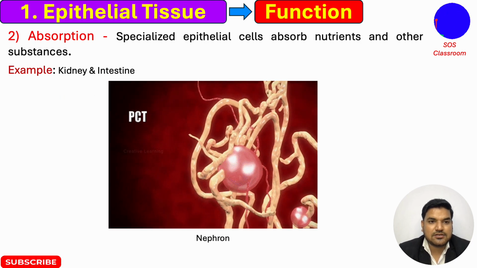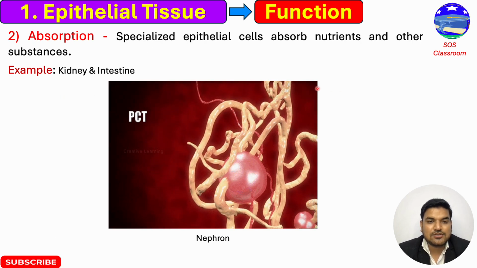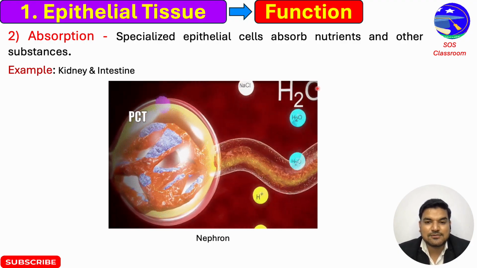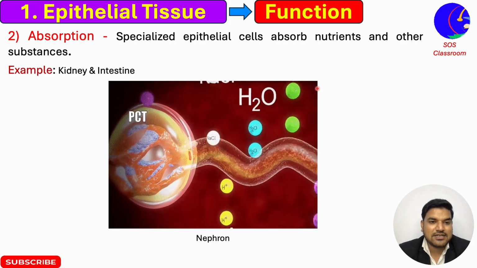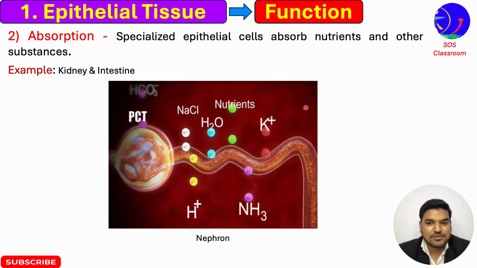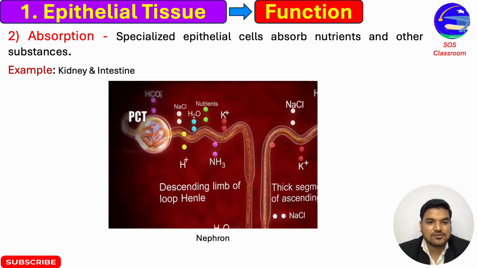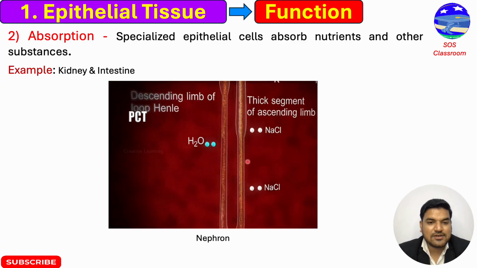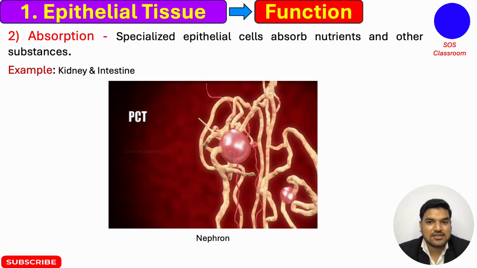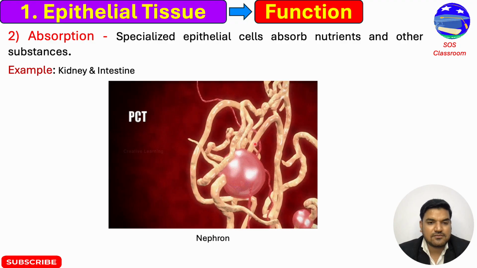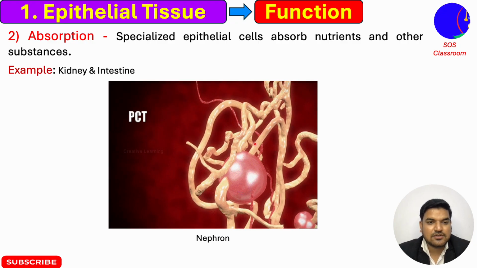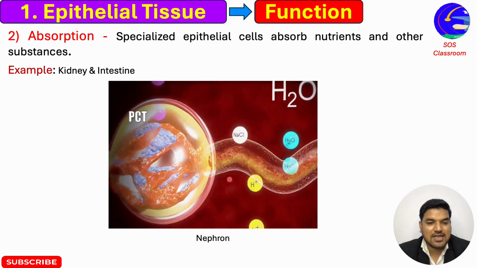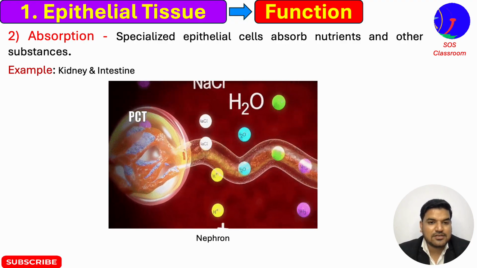Next is the absorption. So epithelium tissue is also helpful for the absorption of different types of nutrients and substances from the intestines and reabsorption from the kidney. You can see in the nephron, in the kidney, there are different types of nutrient reabsorptions, or different types of chemicals released by the filtration and reabsorbed by the tubules.